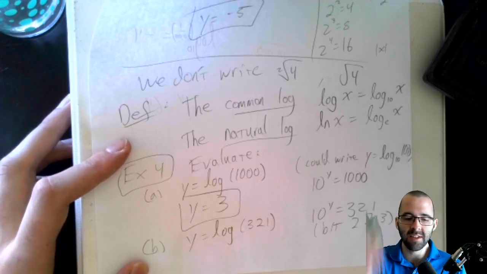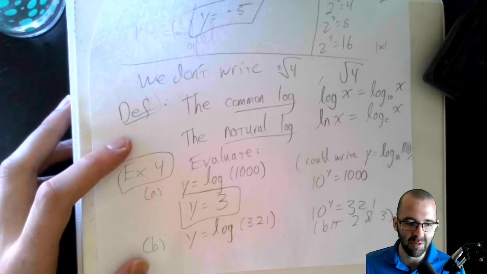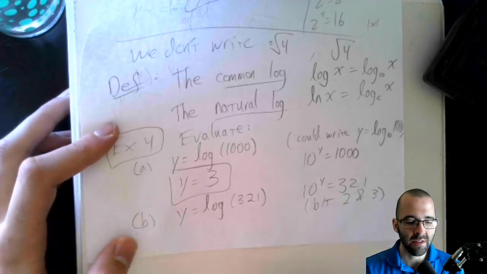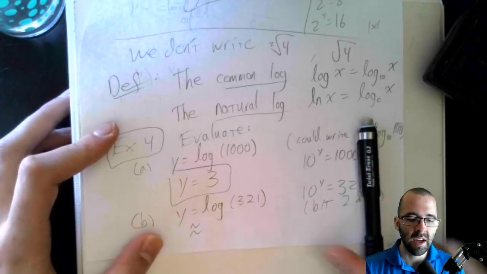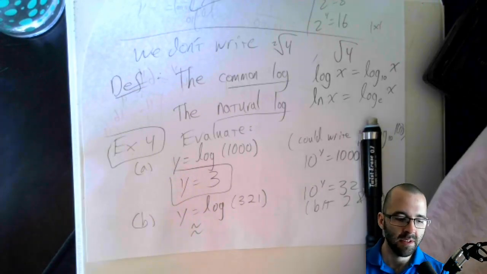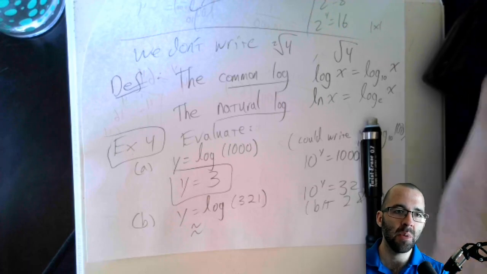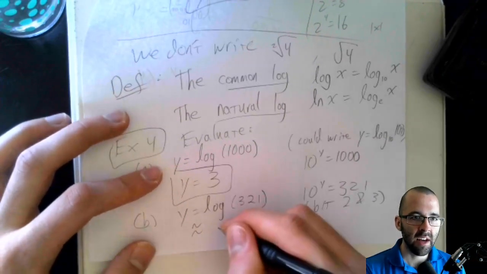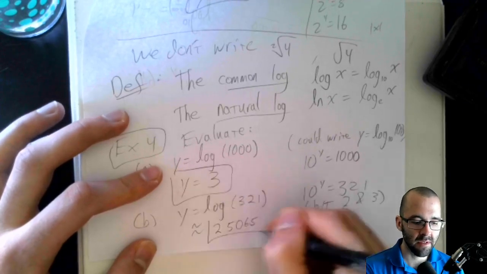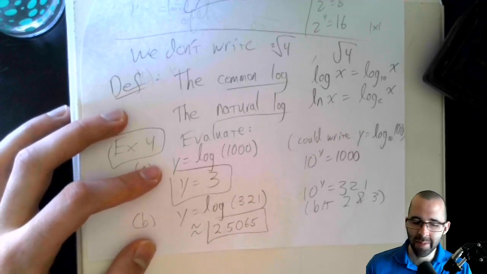But you can't just do this in your head unless you're some kind of math savant. So you use a calculator and just approximate your answer. You just type in log 321 on your calculator, and it'll give you that it's approximately 2.5065. Can't do this one by hand.